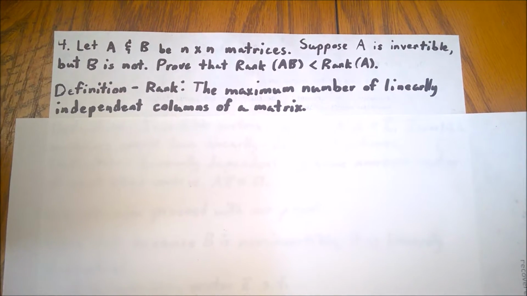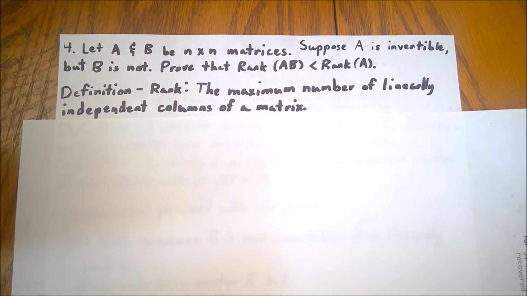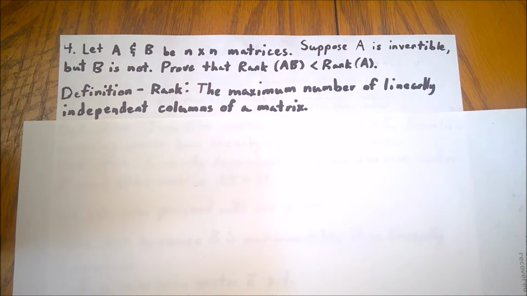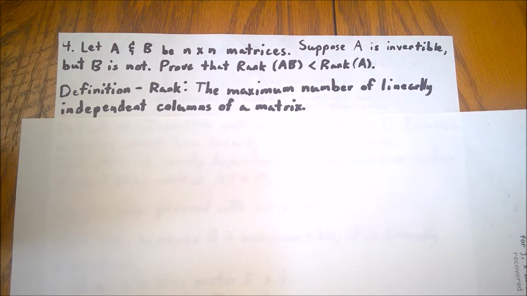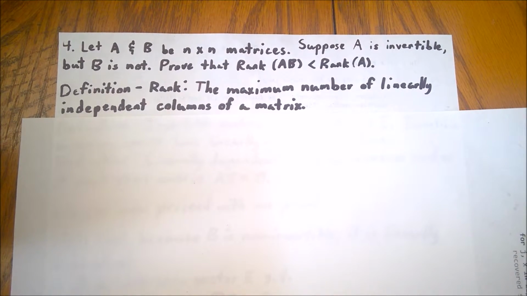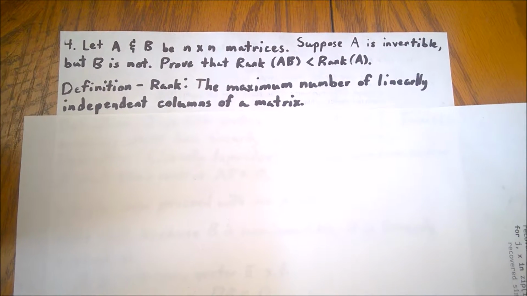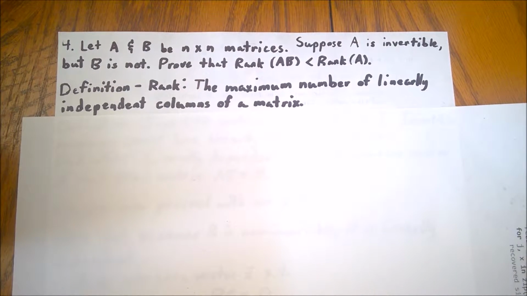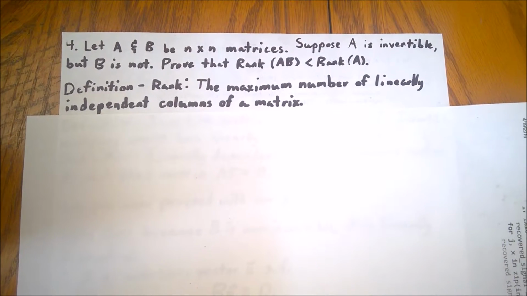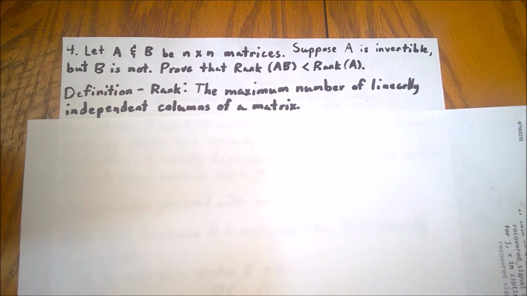The first definition is rank, the maximum number of linearly independent columns of a matrix. Now, keep in mind that linearly independent columns means that you cannot write these columns as linear combinations from the other columns of the matrix. So basically that means that the different vectors that make up a matrix can't be turned into another vector within that matrix.